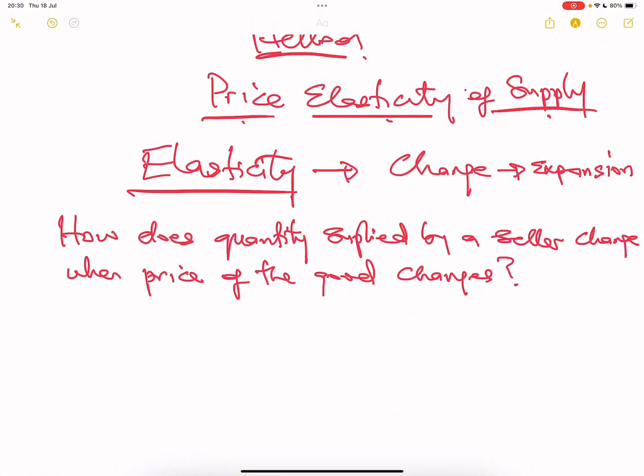This is the question that we're trying to answer. Take note. How does the change in price of a good affect the quantity supply by a seller? That is what we want to answer.